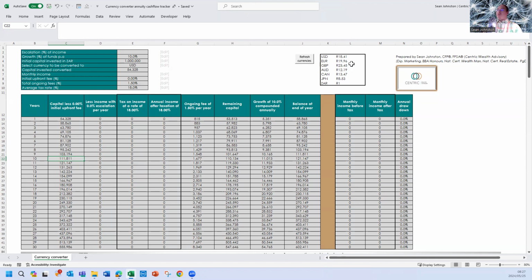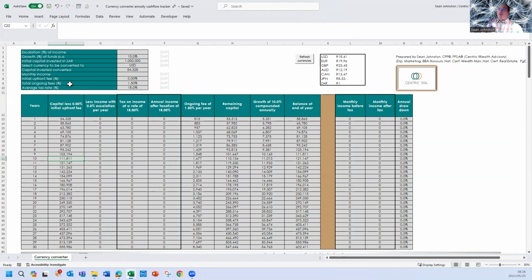Of course, on the converse of that, if the rand strengthened and, say, dropped to 17 rand to a dollar, then this 111,800 converted into rands would be lower in rand terms. As I've already said, 54,328 times the exchange rate will get you 1 million. And if this was now, let's say, 20 rand, then you'll take this times 20. It'd obviously be higher than 1 million.